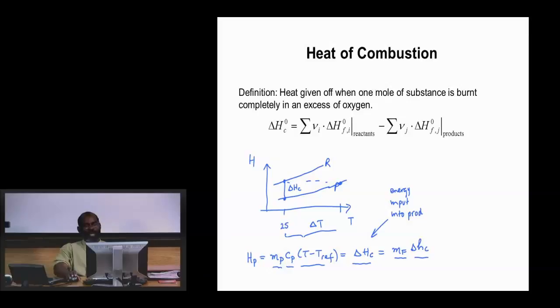Now, if we're in a constant enthalpy process, that is, we're converting reactants to products, then what we're really doing is we're seeing that there's a temperature change that has to be associated with that. That temperature change, when you add it to the initial temperature or the reference temperature, in this case 25 C, that final temperature that you get can be thought of as the adiabatic flame temperature. And the adiabatic, of course, refers to the fact that there are no heat losses occurring.